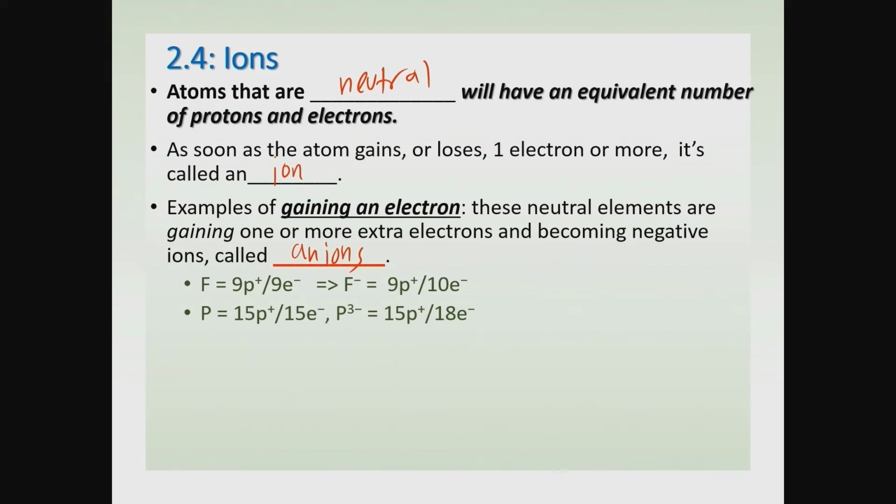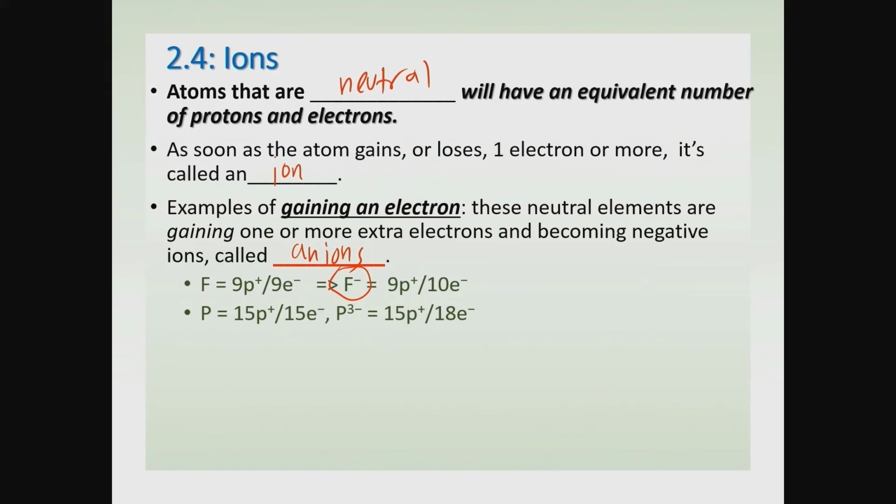So we have 1 more negative charge than positive charges, and therefore the atom has a net negative charge. The way we indicate that is with this symbol here, F minus. That indicates that the fluorine atom has a net 1 negative charge and therefore is an anion.